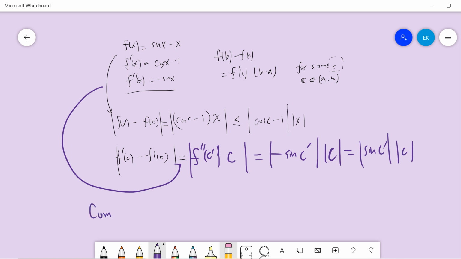And the common sense is that sine c prime is smaller than c prime, for c prime positive. So let me write carefully: sine c prime is smaller than c prime for c prime larger than 0.